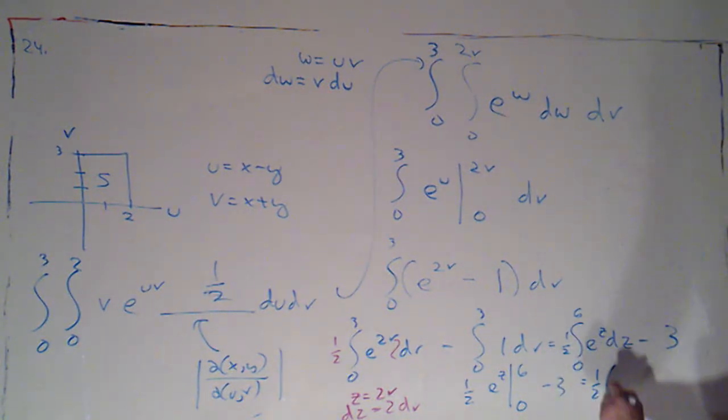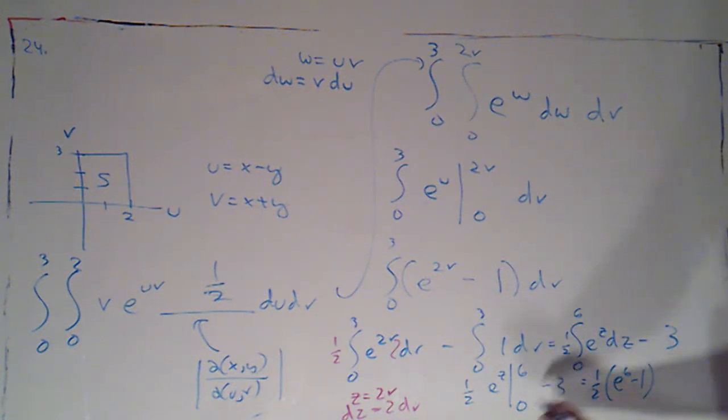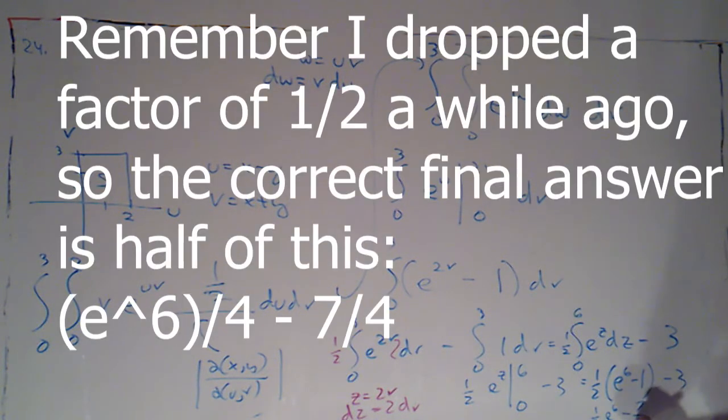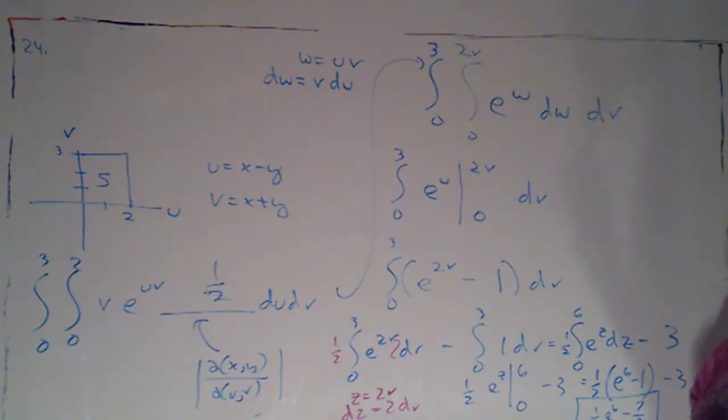So that is 1/2 of e to the 6th minus 1, because that's e to the 0, minus 3. So that's half of e to the 6th minus a half, minus 3, which is a total of minus 7/2. And that is our lovely integral.